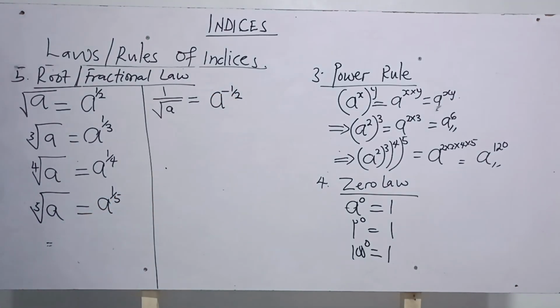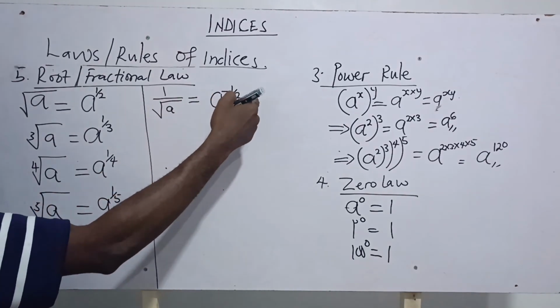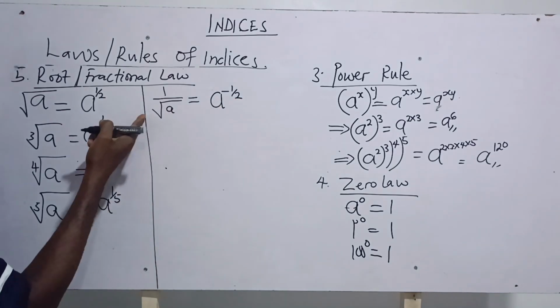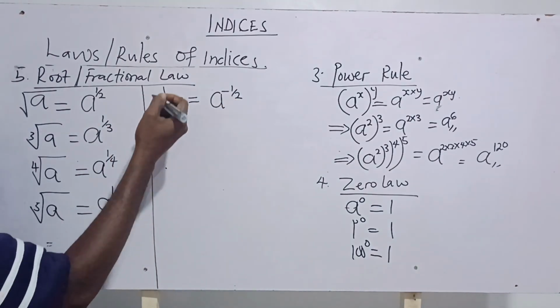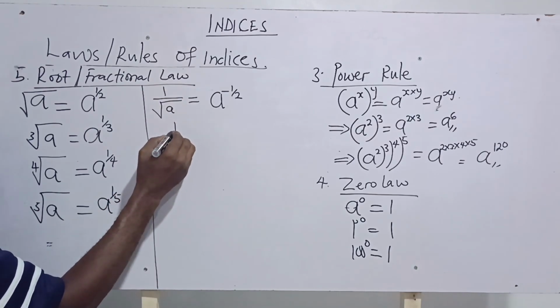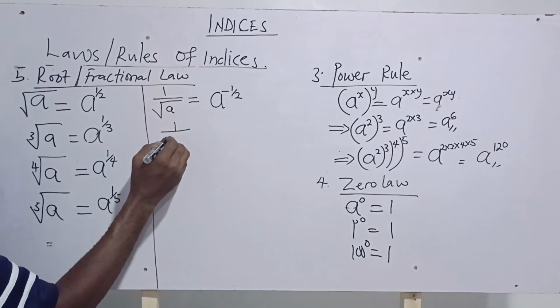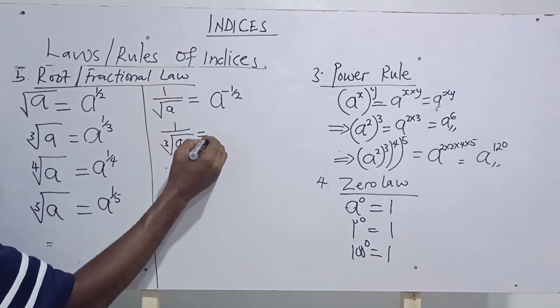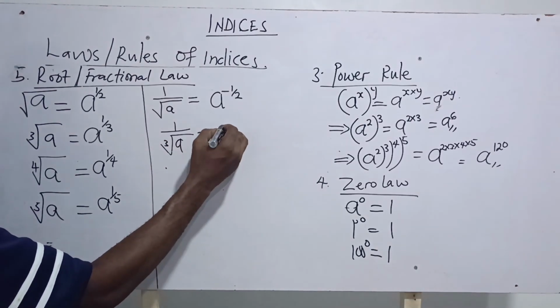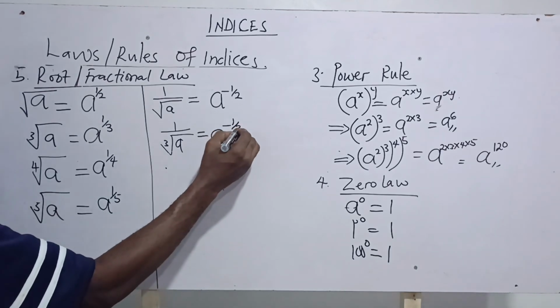Also, if you're having 1 all over the cube root of a, it is still the same thing as a raised to power negative 1 all over 3.